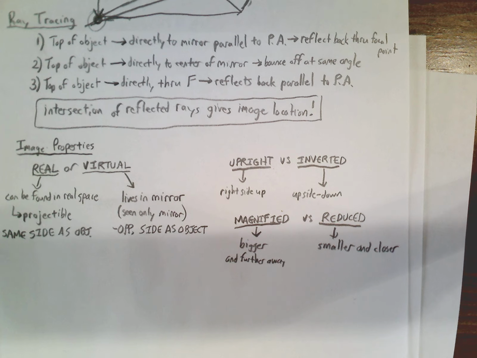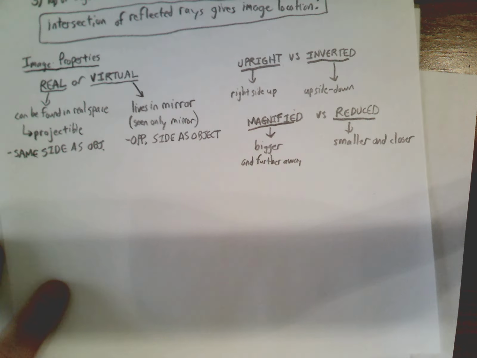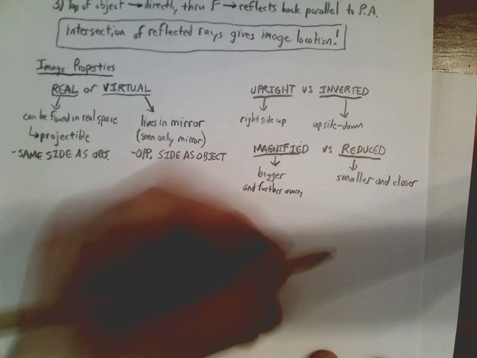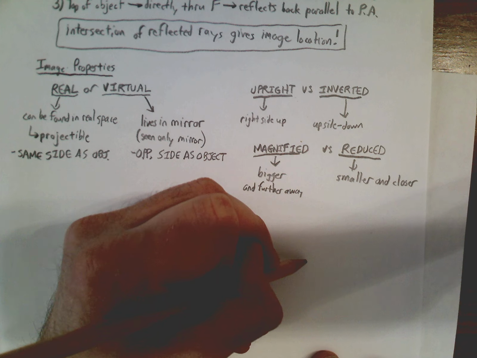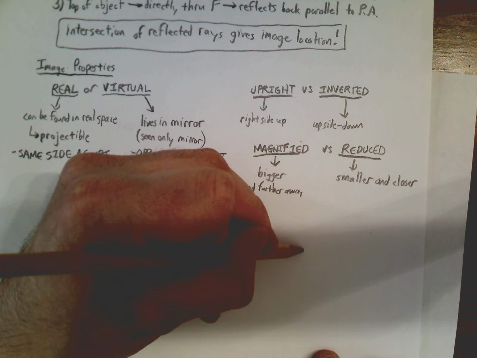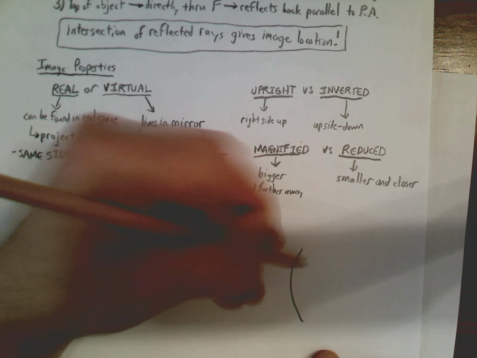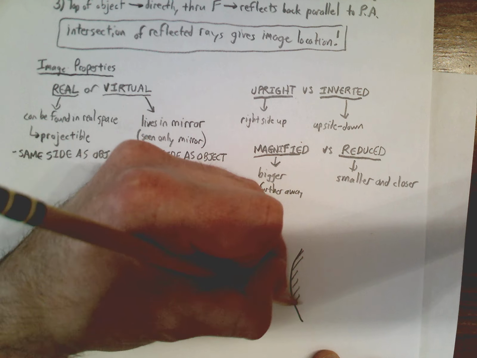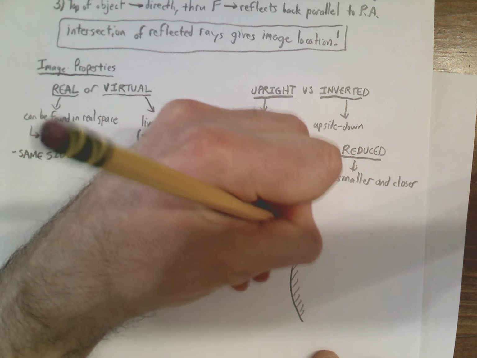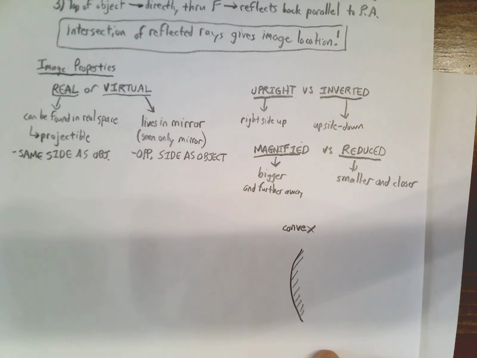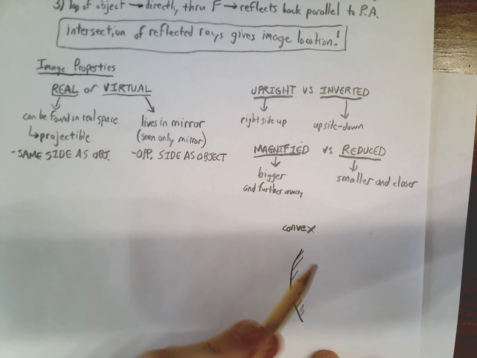Let's try a different example just to see a different way that these rays are going to come about. So this time it will be a convex mirror. So it bubbles out instead of bubbling in. So the shiny side bubbles out.